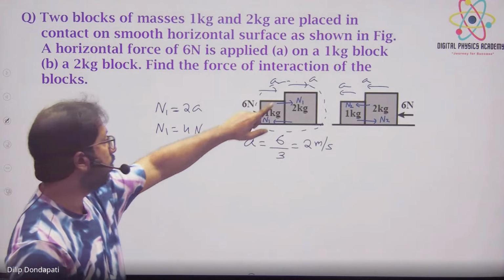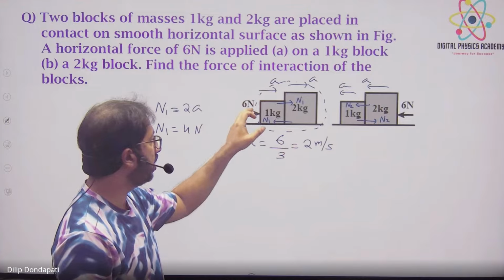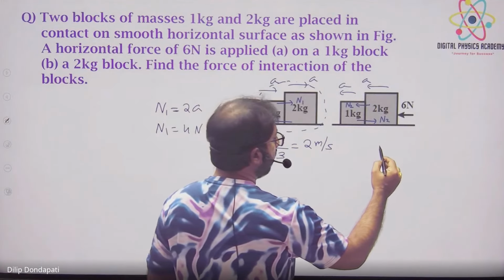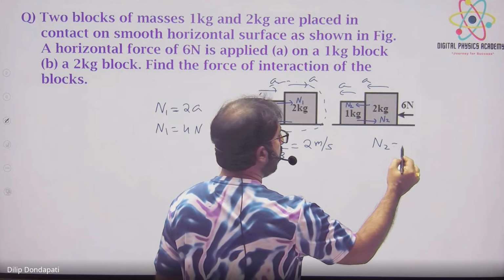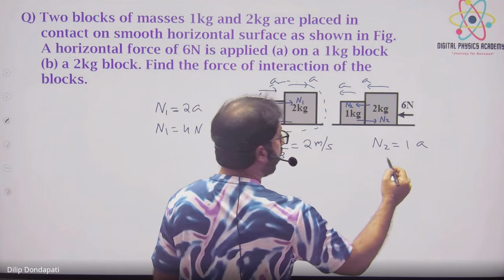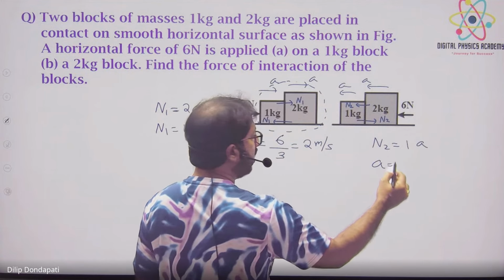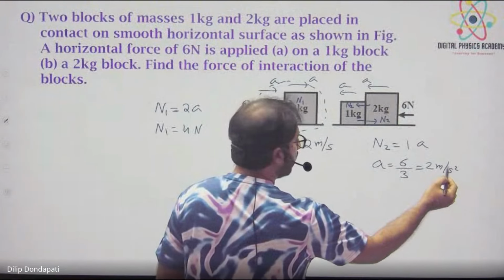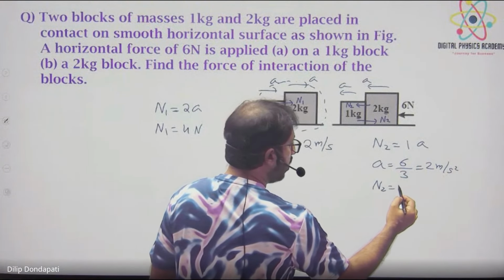Why? Net force by net mass. Net force is 6. Sorry, my subtraction. Now the second one: N2, net force is equal to ma, ma means 1 into a. And a you know already, net force by net mass, it is 2. If I substitute, N2 is equal to 1 into 2, 2 newton.